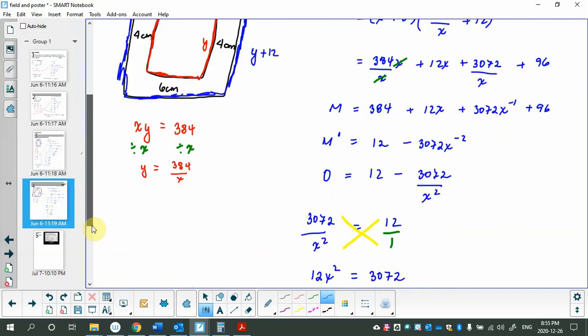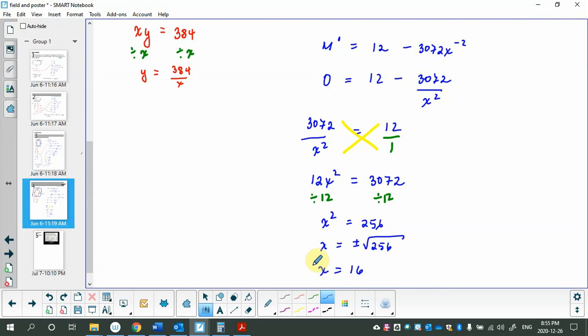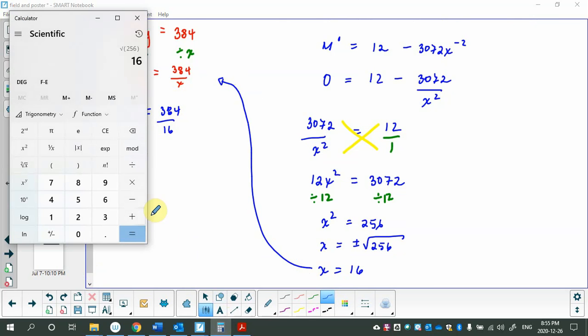I still need to find y. And you find y the same way, as always. So 384 divided by 16 equals 24.